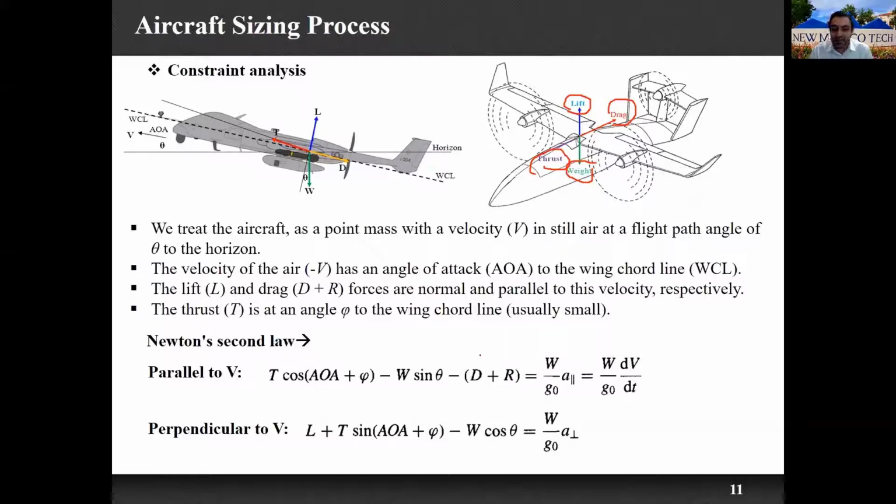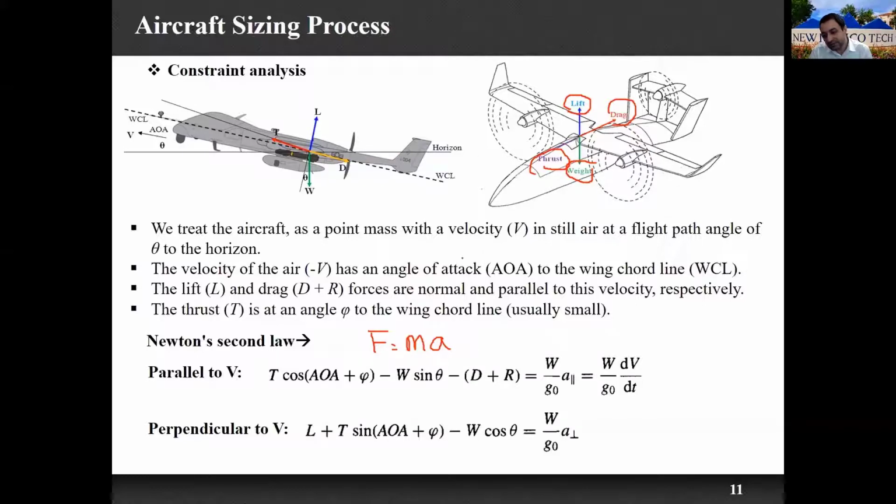If we write the second law of Newton, thrust minus drag, lift minus weight, is going to be equal to, so the second law of Newton was F equal to mass times acceleration. These are my forces.